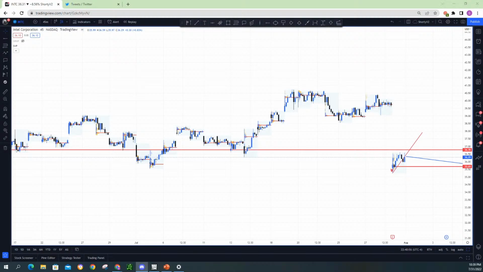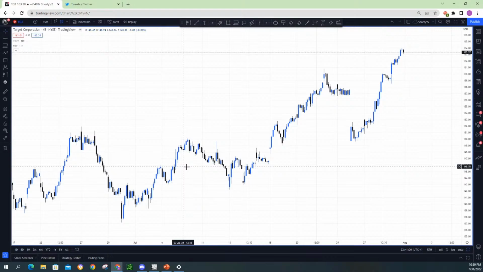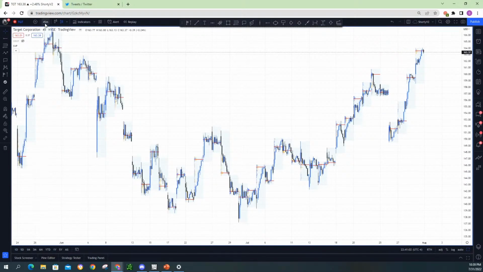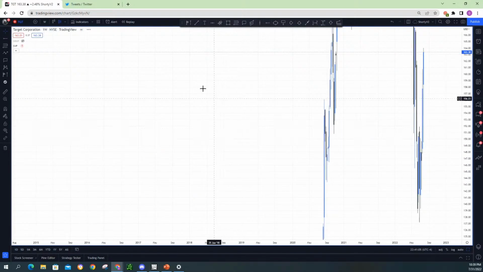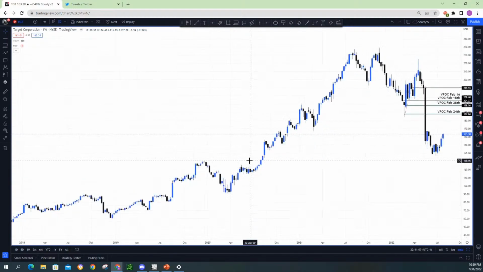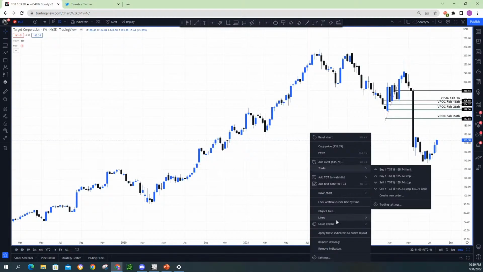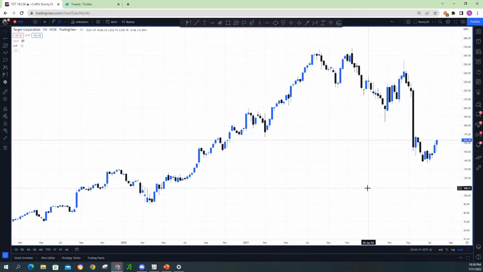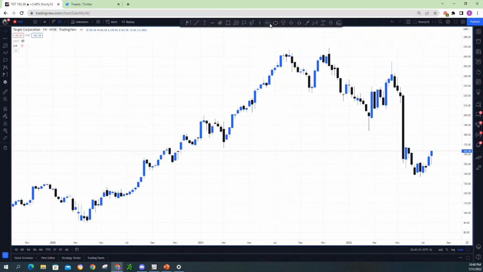Check out Target, TGT, on the weekly. Might look like a J hook here. I mean, it has a bear flag. I don't know if you're inclining to go up or down, but it has a bear flag on the weekly.